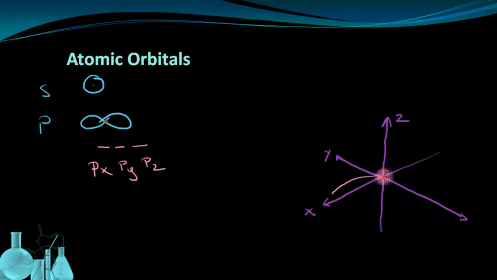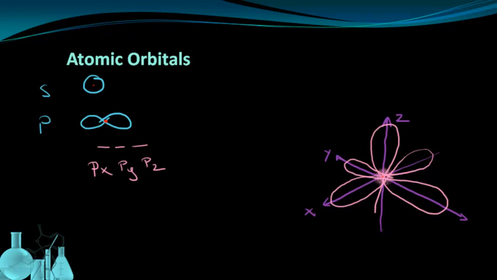We have one part of the dumbbell coming out like this, and the other one trailing off in the distance. For the y orbital, it's going to be the same thing. We have one coming out like this, and the other one goes towards the back. And then for the z orbital, we have one that goes up like this, and the rest of it's down that way. And so we have a 3-dimensional arrangement of 3 different p orbitals.